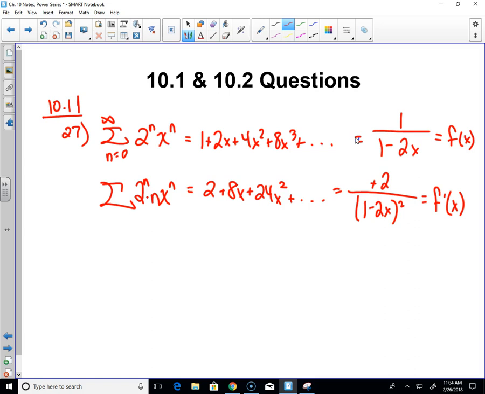Because 2 to the n was already there, and then what was coming down to meet it? n. If I was taking the derivative, the n comes down, so n times 2 to the n times x to the, wait, is it n minus 1? Yeah. So it's n equals 1 and x to the n minus 1. You could start at 1 and make it x to the n minus 1, or you could start at 0 and have to put a plus 1 for everybody.